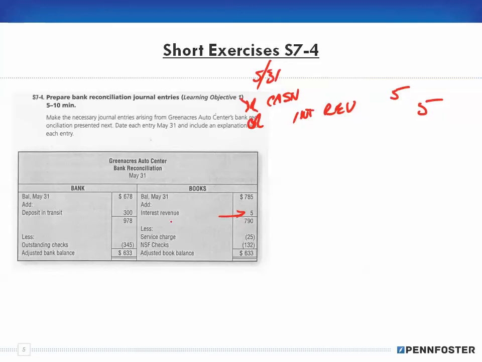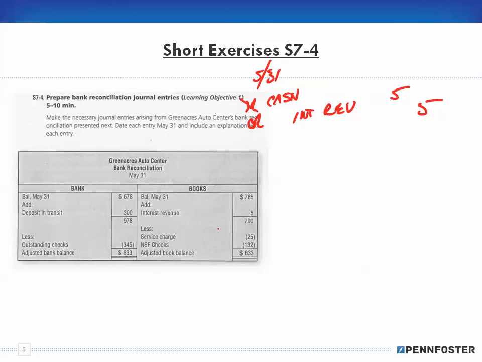Because I know my debits have to equal credits, and you might be confused as to what the other half of the entry is, because you're looking at adjustments here, and you don't have a transaction like you have for a regular invoice. Well, go through the thought process. Am I affecting cash? Yes. So you make the entry to cash, and then you back into the other half of the entry, which is the interest revenue, and you get it right.